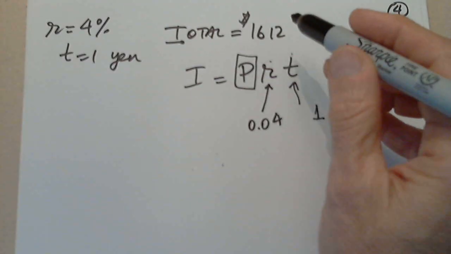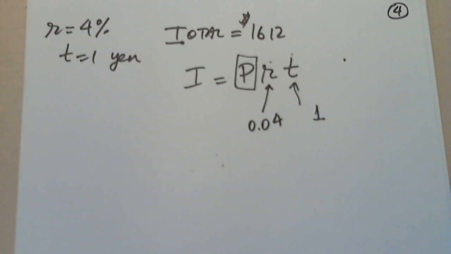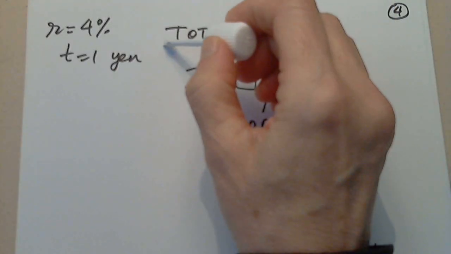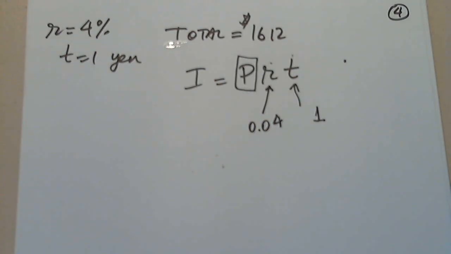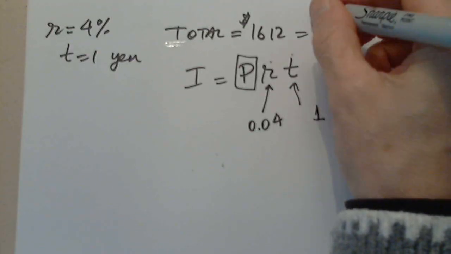So the question I have here is the following. So it grew to 1612. To me, this means principal plus interest.